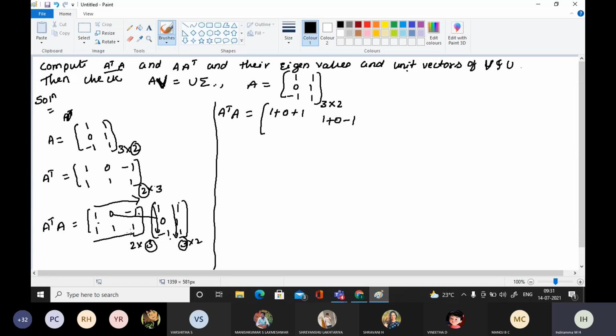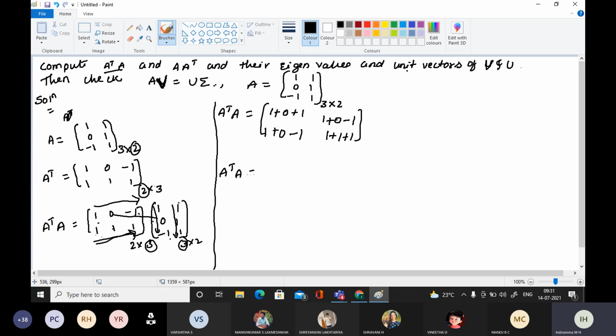Next, second row, first column: 1 into 1, 1, plus 1 into 0, 0, plus 1 into minus 1, minus 1. Next, second row, second column: 1 into 1, 1, plus 1 into 1, 1, plus 1 into 1, 1. Is it right? Yes, ma'am.